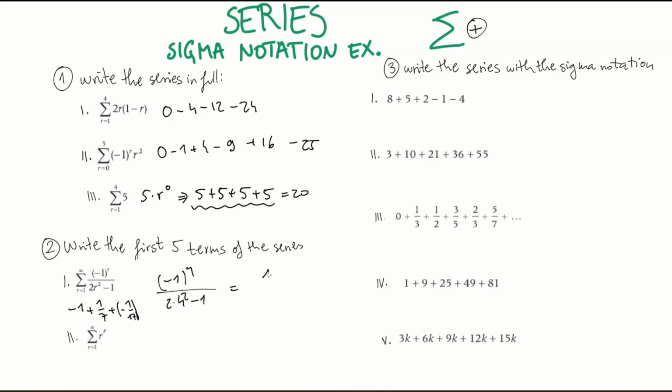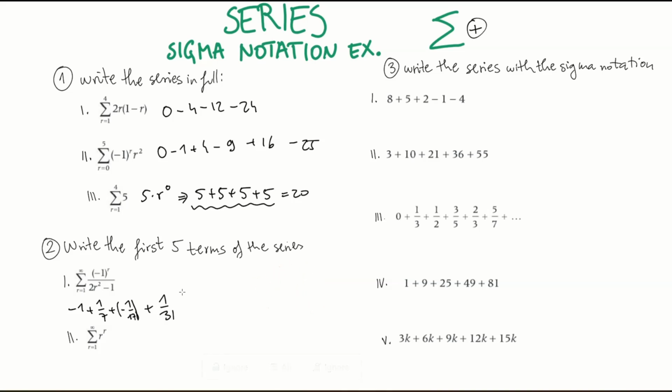That just brings us to 1 over 31, which is our fourth term, plus 1 over 31. And for our fifth and last term, we get minus 1 to the power of 5 over 2 times 5 squared minus 1. So we get minus 1 over 2 times 25, which is 50, minus 1 is 49. And that is our last term.